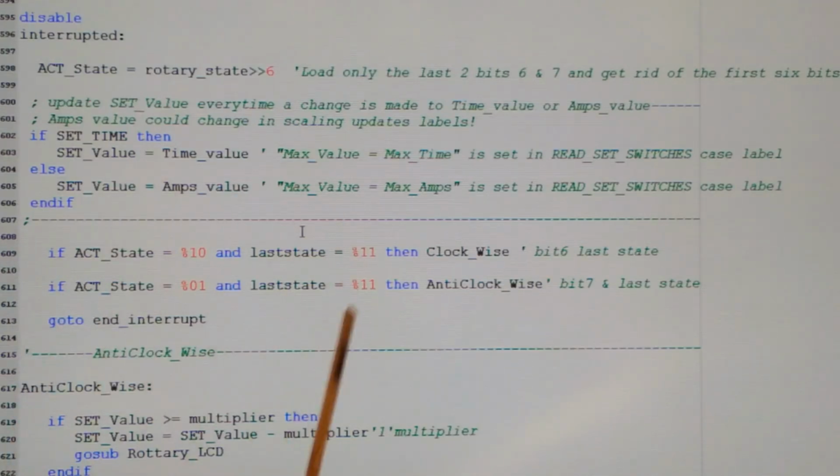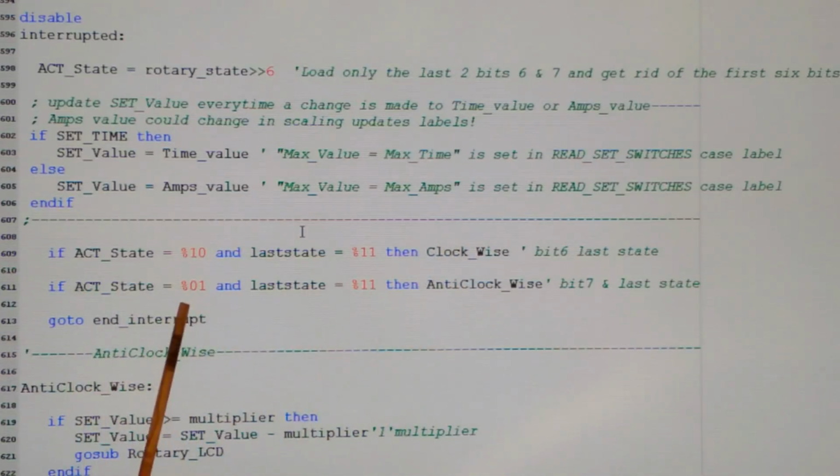It means I have crossed the middle section of the switch. I'm jumping by 1 there. So if that matches and that matches, to stop errors, I wanted to know that, then it's clockwise.